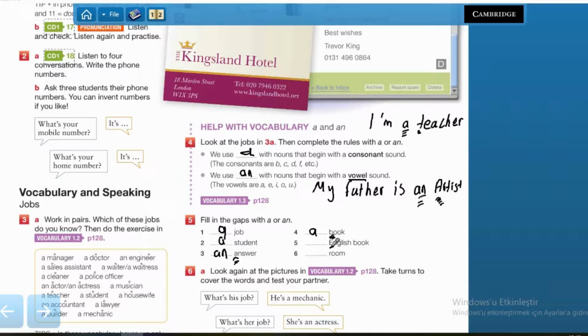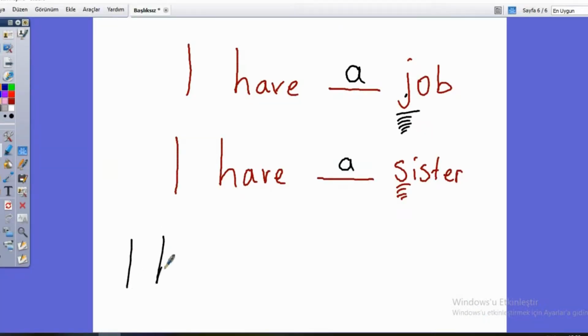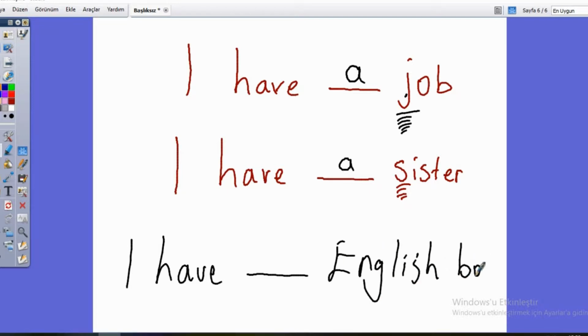Again, the noun starts with a vowel sound, so we use an. I have an English book.